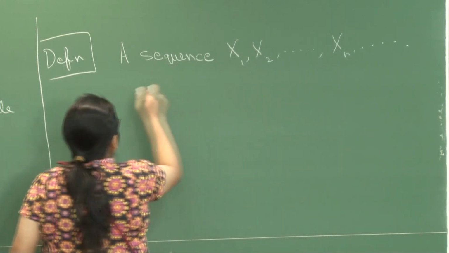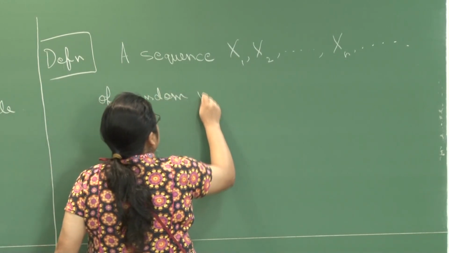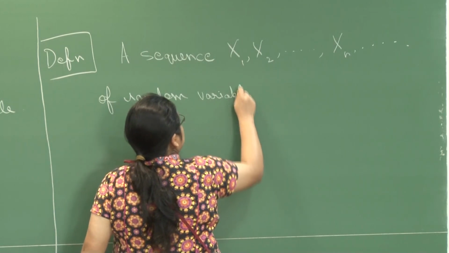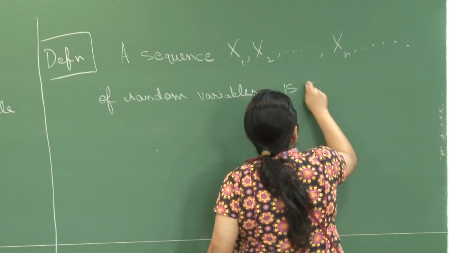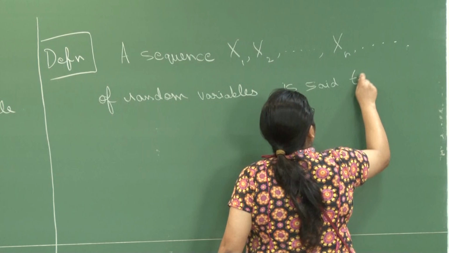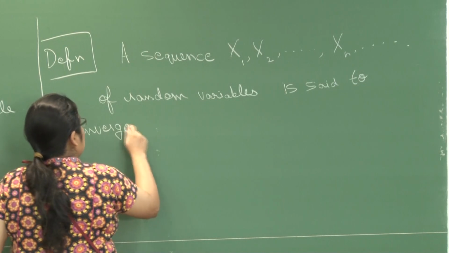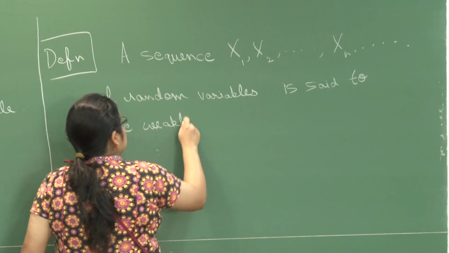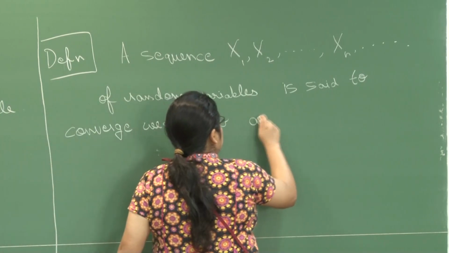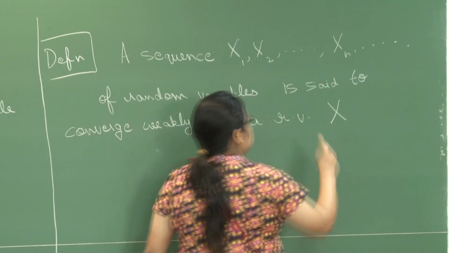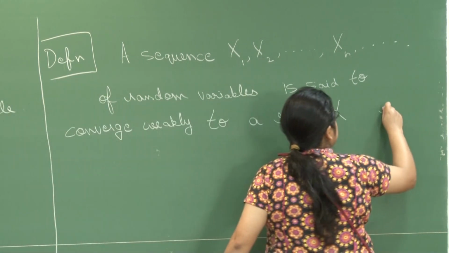This sequence is said to converge weakly to a random variable X, which could also be on another probability space, if the following happens.